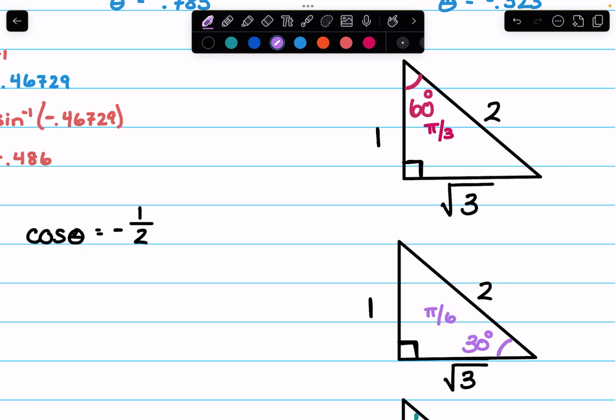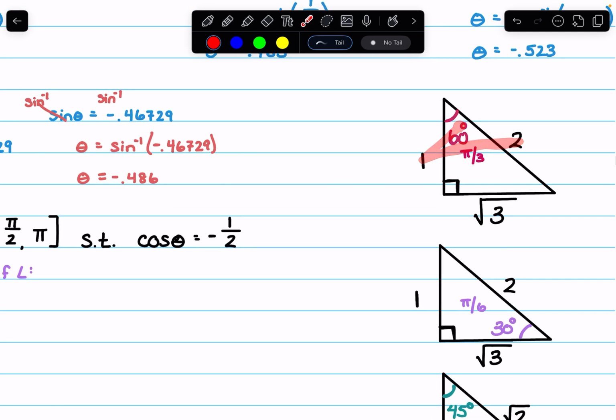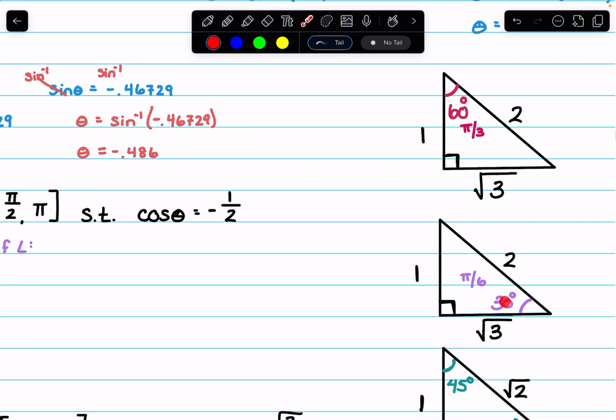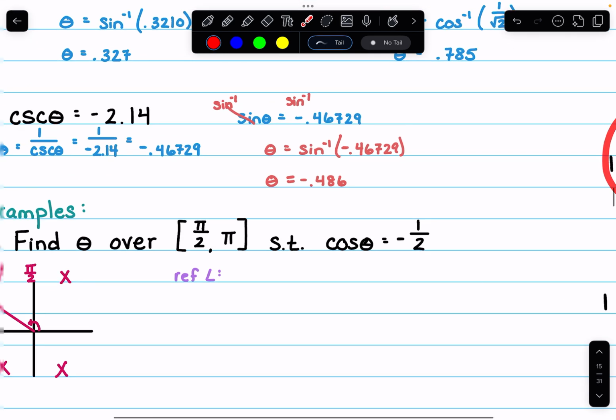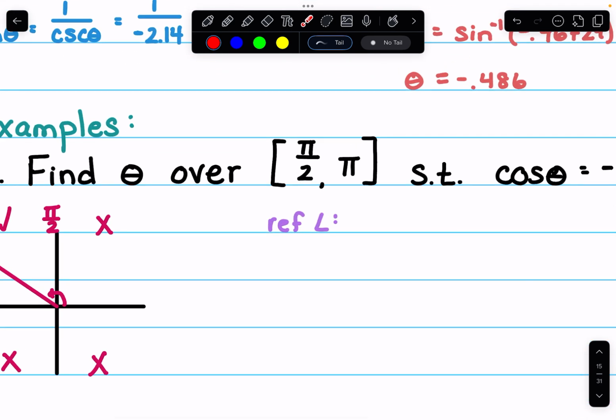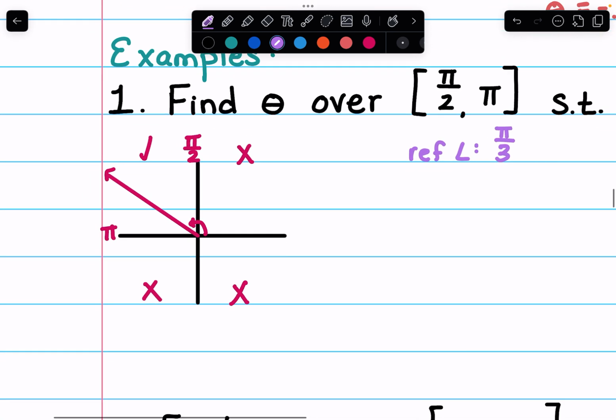Okay? I need to go do cosine and get 1/2. Do you see that that is pi over 3? That would be my reference angle. Okay? If I went here first and did cosine, I would get square root 3 over 2. So it's not that one. And of course, it's not going to be this one. So it's going to be pi over 3. Well, if that's pi over 3, then this has to say 3 pi over 3.